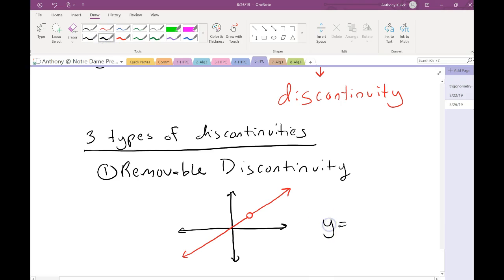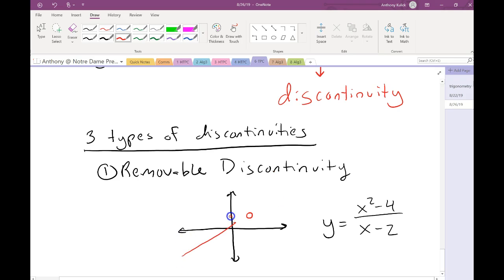So for example, this could be the graph y equals (x squared minus 4) over (x minus 2). I think that would give us basically that graph. Pretty close.